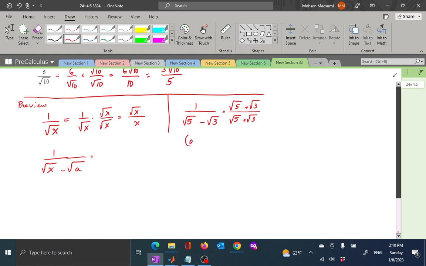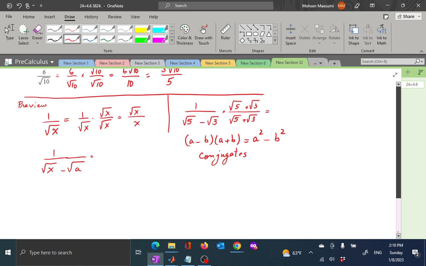Let's go back to algebra. If you have a minus b and you multiply by a plus b, what do you get? A times a is a squared, b times minus b is minus b squared. You have ab and minus ba, which cancel each other out. So these two, which are referred to as conjugates, have the property that when you multiply them, both entries become squared and then subtracted.